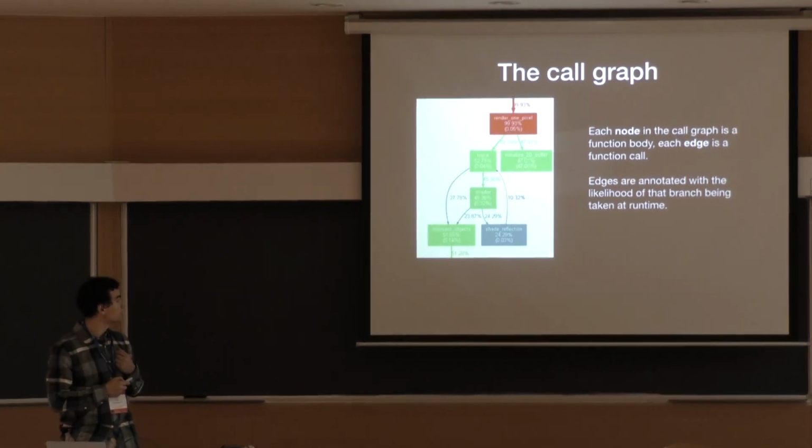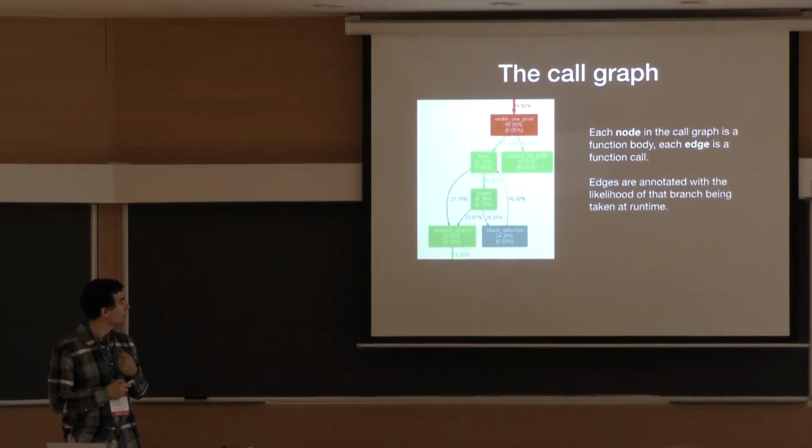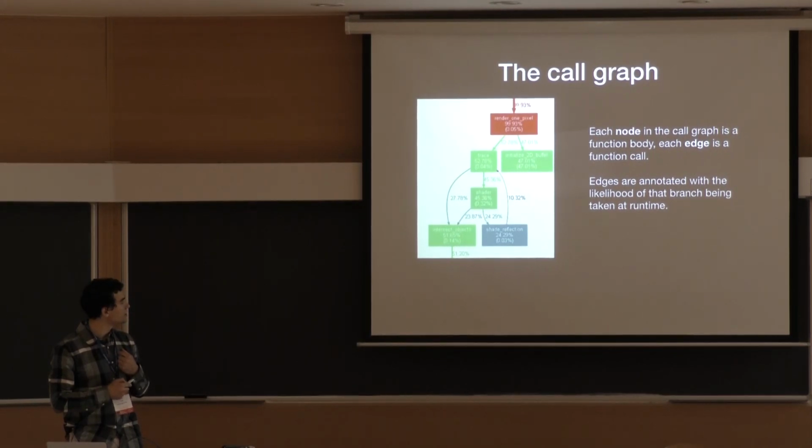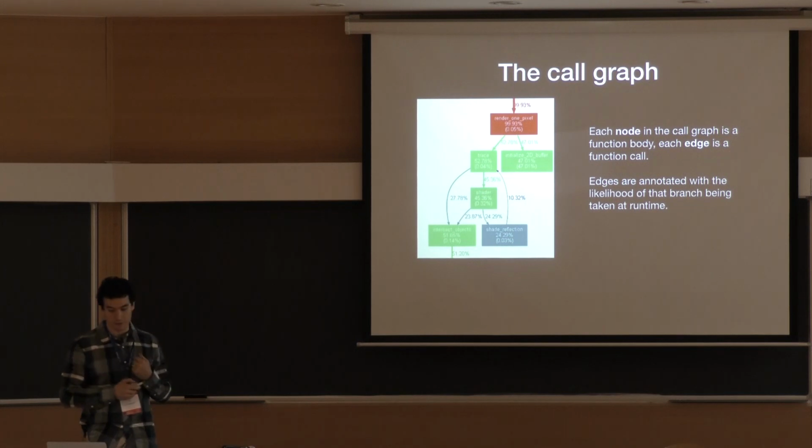So for example, these two functions are pretty evenly split. This guy, yeah, there are no great examples. For example, this function was basically called 99% of the time from the other functions, right?